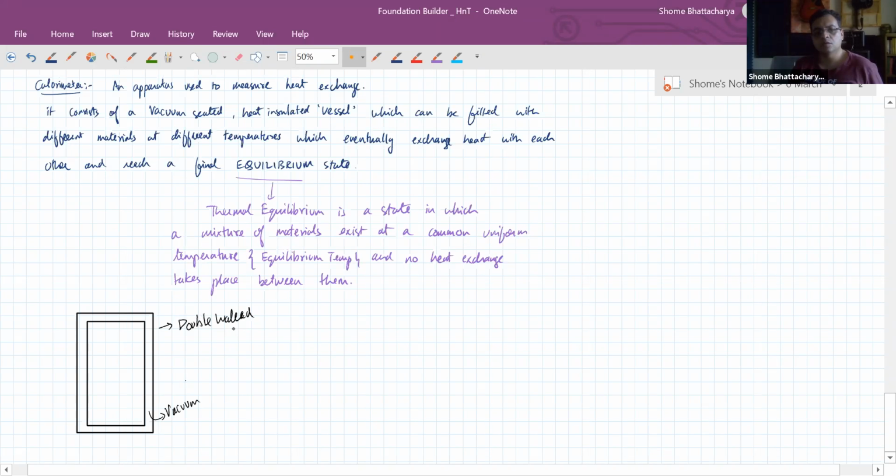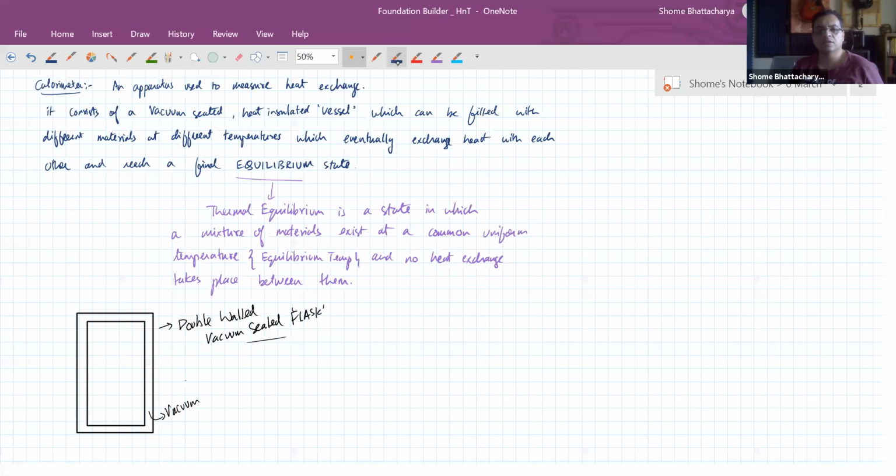So double walled vacuum sealed flask kind of thing it is. So there is no heat exchange between the inside and outside. Okay, so that is the calorimeter.